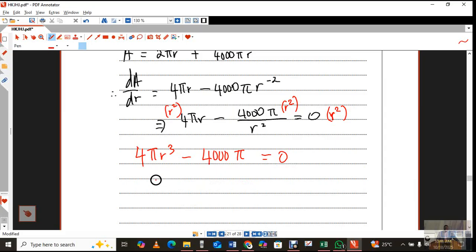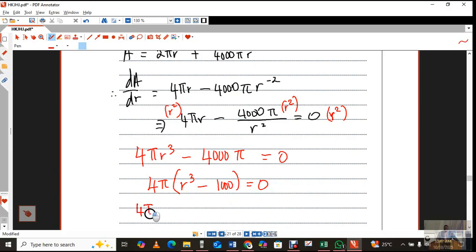I can take out 4 pi, because 4 pi goes in both of them. This is going to leave me with r cubed minus 1,000 is equal to 0.